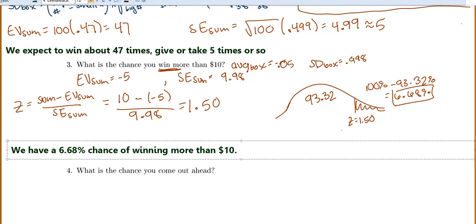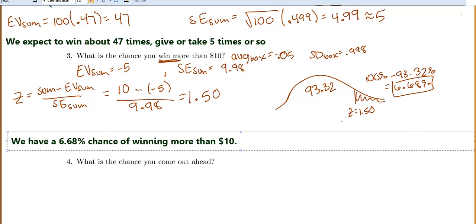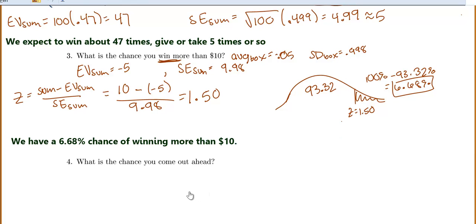Number 4, what is the chance that you come out ahead? So once again, we're following the same procedure. All we really need to do is find our new z-score. But let's just write down our notes. So the expected value of the sum is -5. The standard error of the sum equals 9.98.